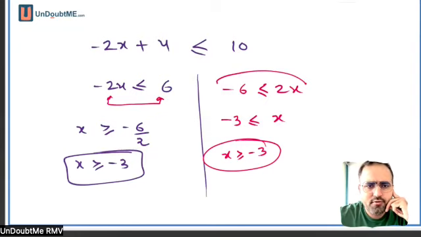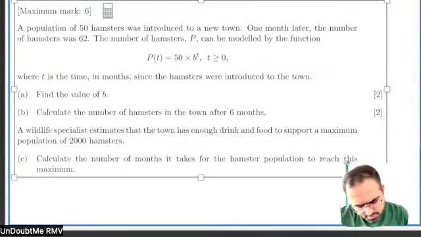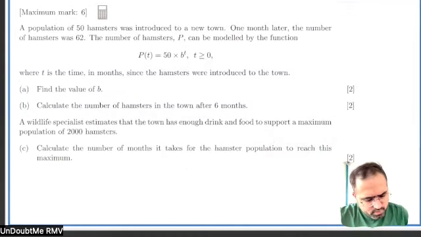I'll take a few questions from application of functions. Okay, sir. Okay, just 2 minutes first.